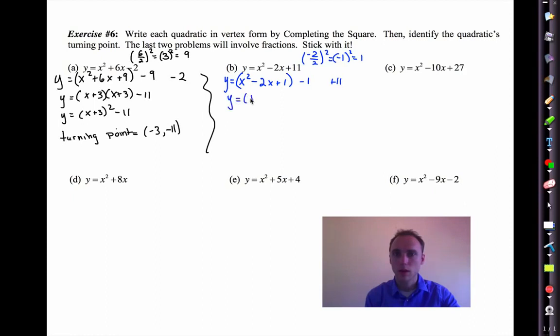So this will be x minus 1 times x minus 1. And then combining these, I'll get 10. Well, this is x minus 1 times x minus 1, or x minus 1 squared, plus 10. And I can find the turning point pretty easily. The turning point would be 1, 10.